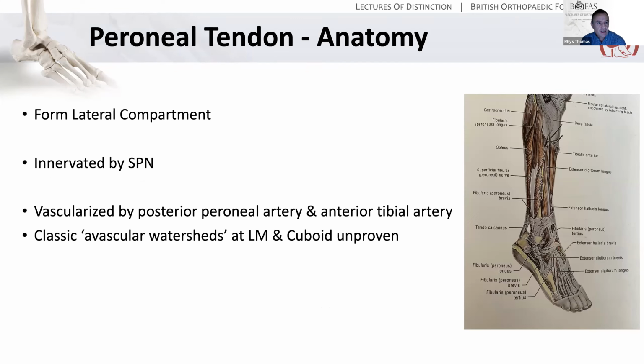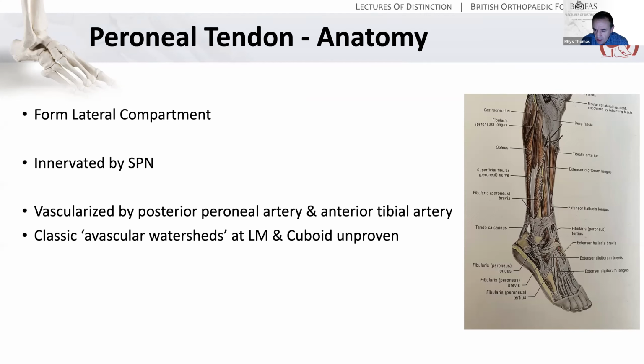So looking at the anatomy, the peroneal tendons form the lateral compartment of the lower leg. They're innervated by the superficial peroneal nerve. They are vascularized by both the posterior peroneal artery and the anterior tibial artery.